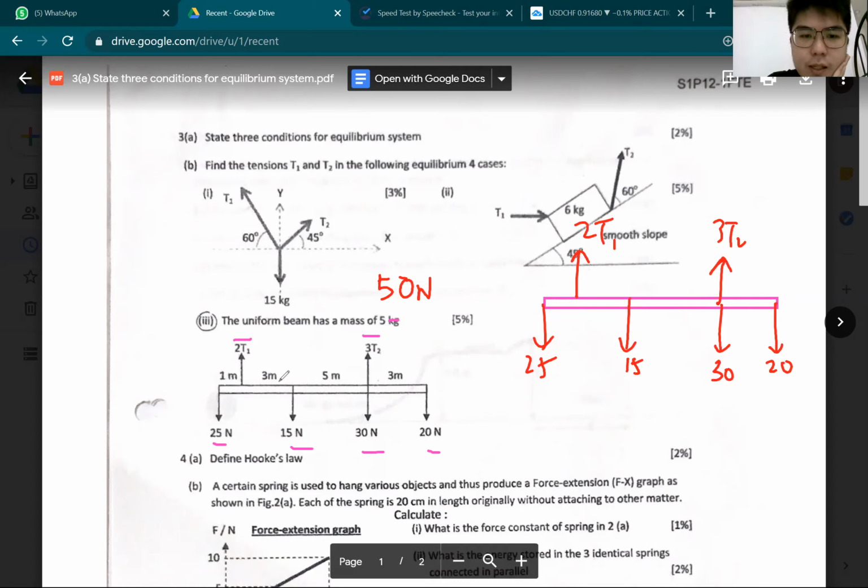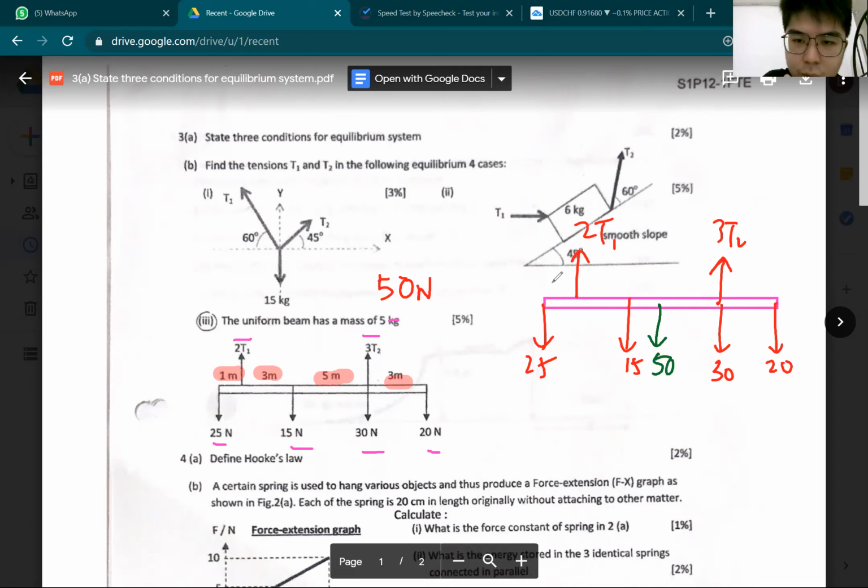If you see this plank, you are given distances. So you have 1 meter here, 3 meter here, 5 and 3. So the total length of the plank, the beam, is 12 meter, correct? 12 meter, you divide by 2, so the center is at 6 meters. So it's somewhere here. If I label it out, the green one is 50 Newton.